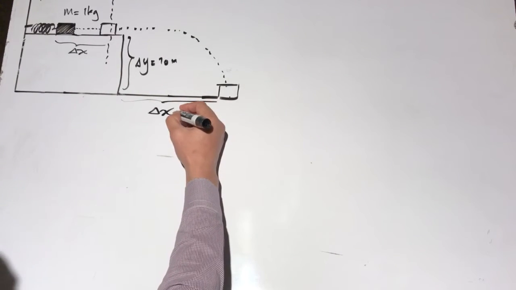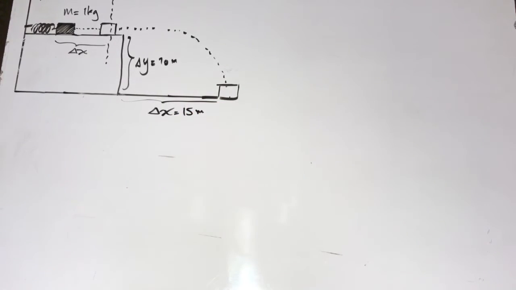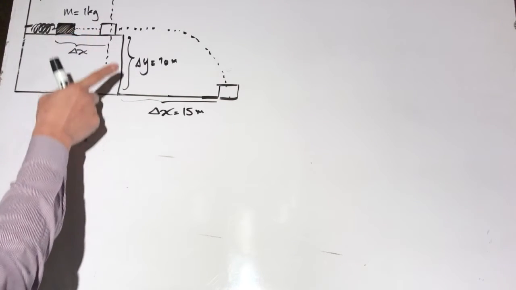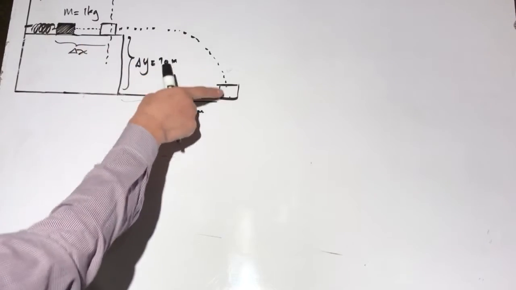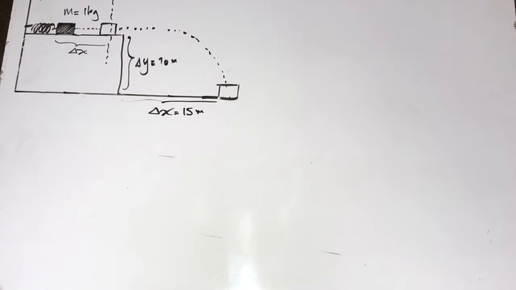I'm just going to say this one is about 15 meters. Now we want to figure out the time it takes for this object, from the height of 10 meters, to drop down to the target, which is 15 meters away from the original position.